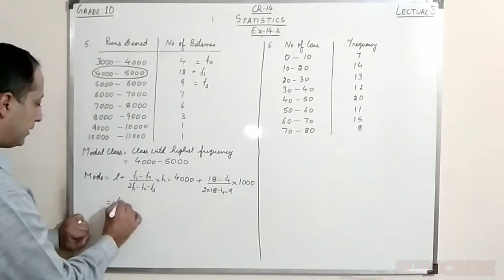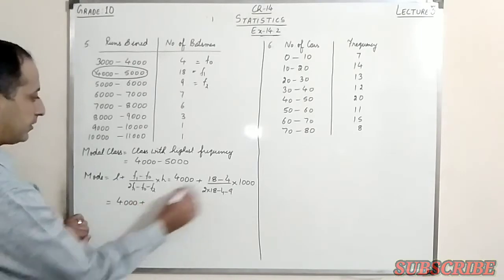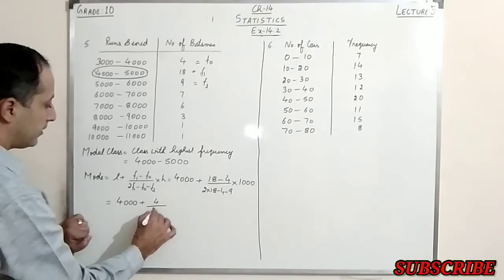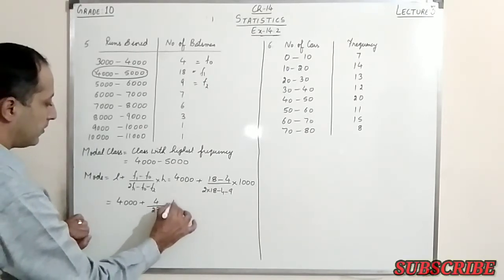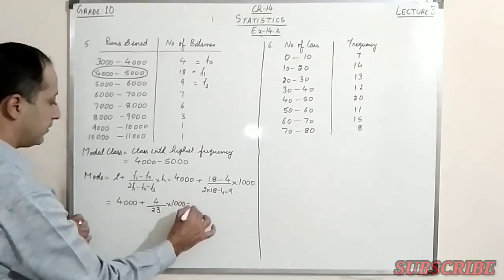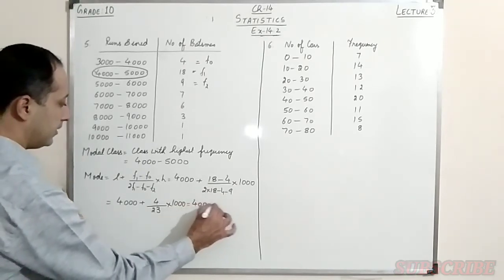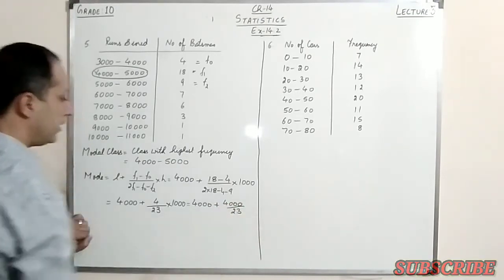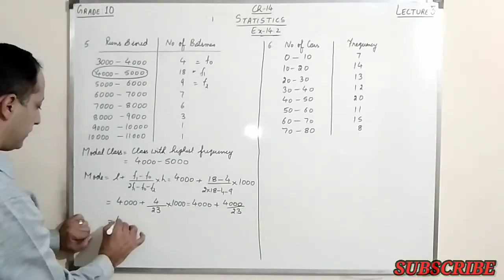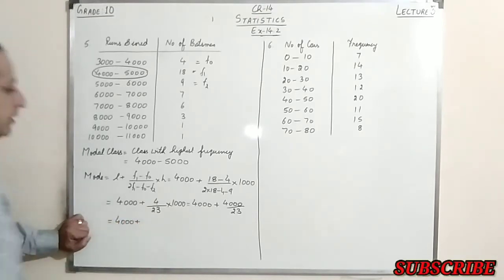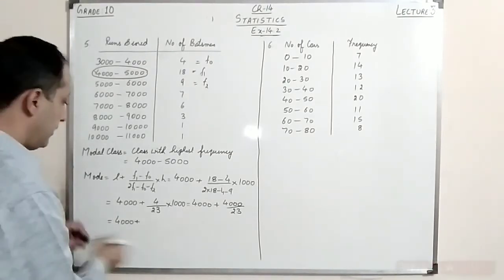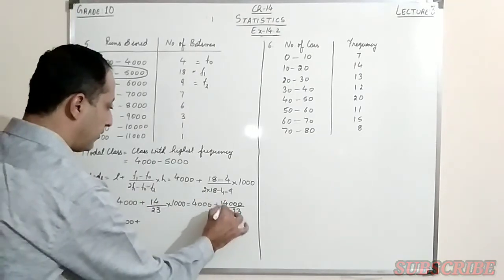This is 4,000 plus 14 upon 36 minus 13, we get it as 23, into 1,000. So this is 4,000 plus 14,000 upon 23. Oh, slight mistake, this is 14 here, and then we have 14,000.